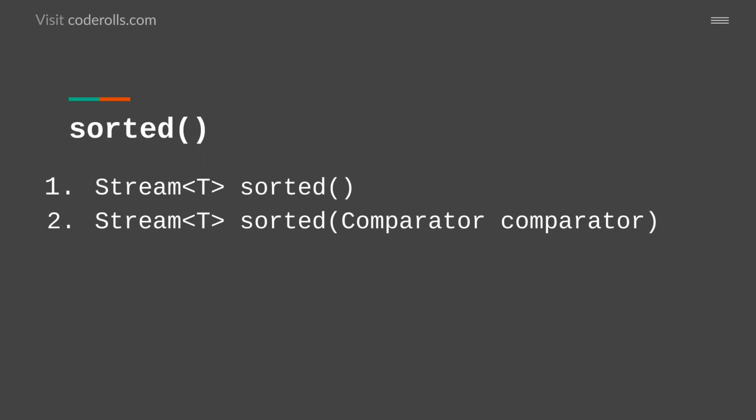Now there are two types of sorted method in streams. The first one is sorted, and the second one is sorted, which accepts a parameter, a comparator object. The sorted method which does not accept any parameter is used in the case of natural sorting order.